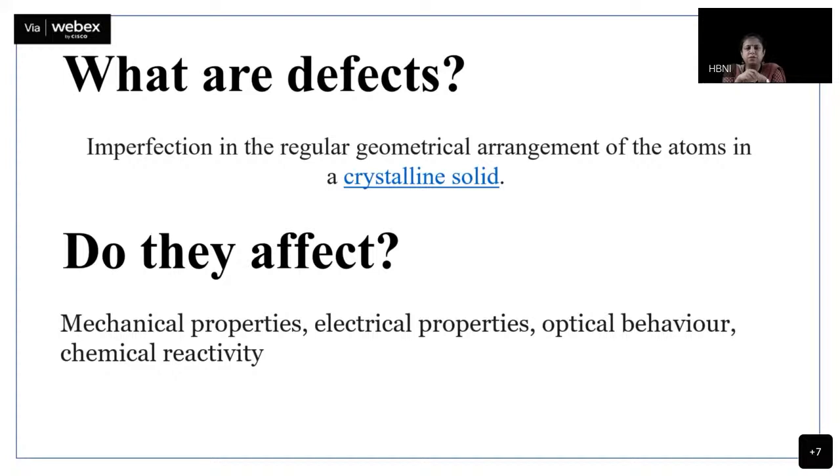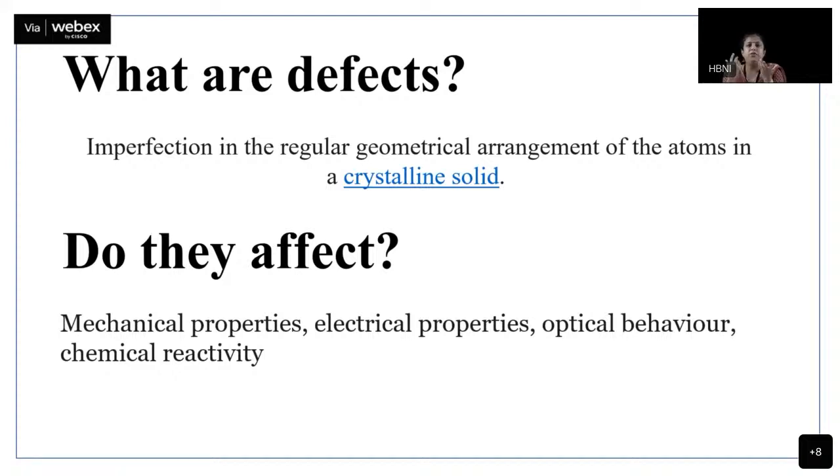Of course, defect in solids is a complete branch of science and a very interesting branch of material science. Why? Because by controlling defects, by introducing defects, by reducing defects, basically by playing with defects, you can alter the mechanical properties, you can alter the electrical properties, you can alter optical behavior, you can alter chemical reactivity.